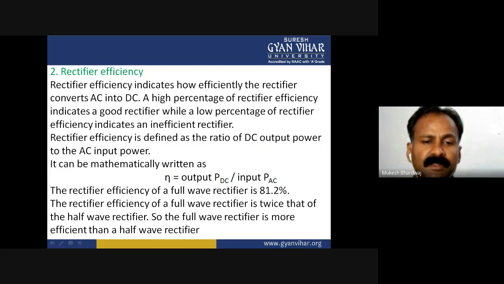It can be mathematically written as rectifier efficiency eta equals output upon input. The rectifier efficiency of a full wave rectifier is 81.2%, which is twice that of a half wave rectifier. So the full wave rectifier is more efficient than a half wave rectifier.